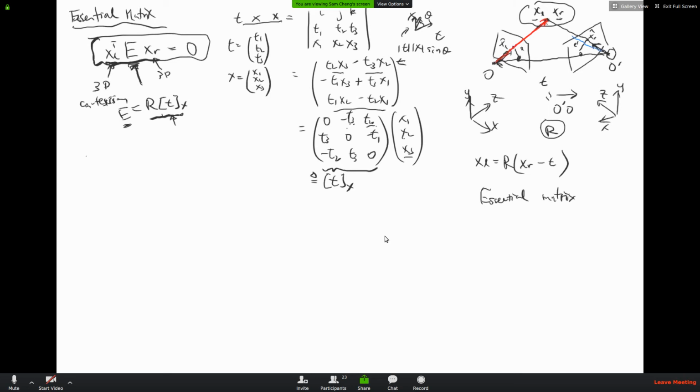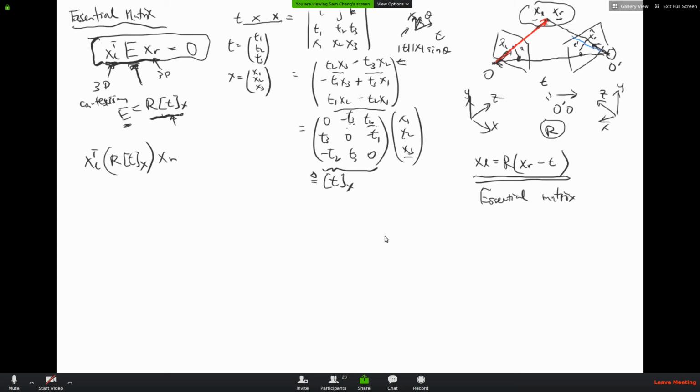Then I have xl transpose times E, where E is R Tx here, times xl, right? Now I can substitute what we have with xl here. We say that xl is equal to this guy here, right?